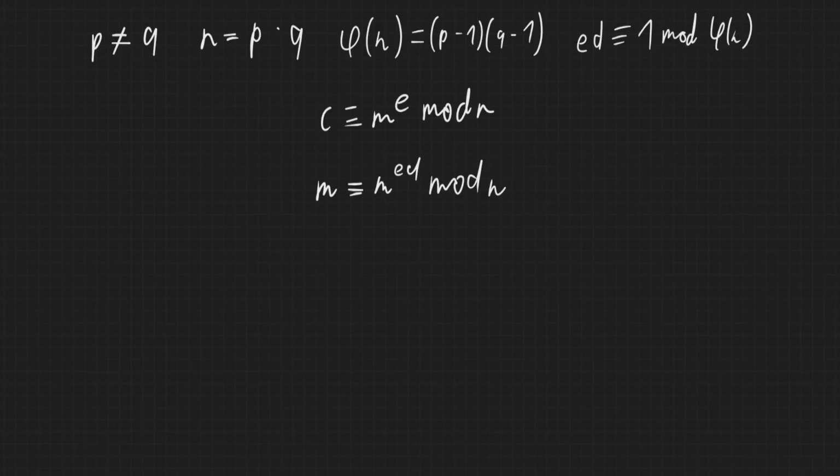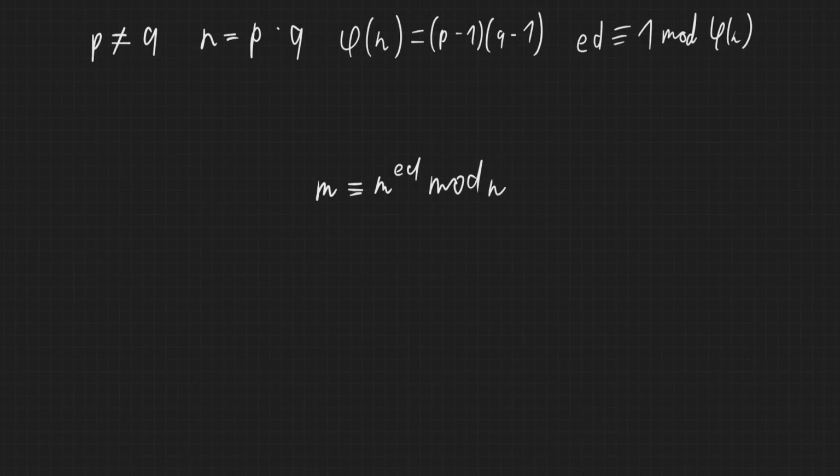And by the way, this tells us that RSA also works the other way around, because this is the same as saying m to the de, which is the same as m to the d to the e. So it doesn't matter if we use e or d for encryption, as long as we use the other one for decryption.